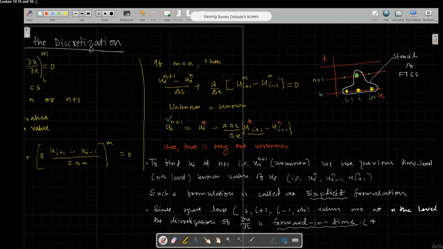In short, it is called FT. That is what we are using, FT, forward in time.